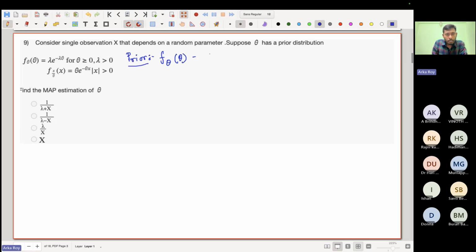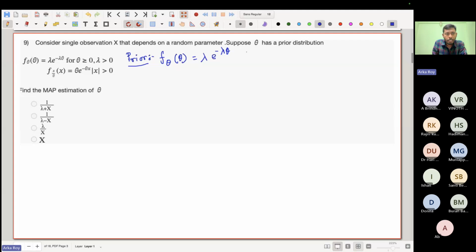The prior is given as lambda e power minus lambda theta, and the conditions are theta greater than or equal to 0 and lambda greater than 0. Fine.